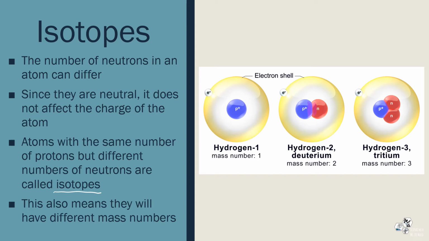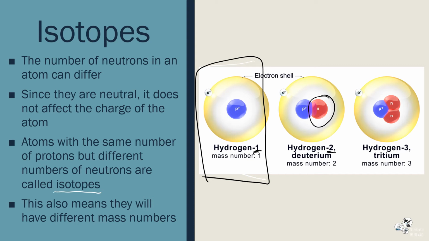Now, because neutrons are neutral, no matter how many you have, you're only affecting the mass. You're never going to affect the overall charge. So it still makes your element stay neutral. An example is on the right here. Hydrogen has a couple different forms. Its natural form, where we have only one proton and one electron, is hydrogen 1. We have hydrogen 2, or what we call deuterium, where it adds a neutron.